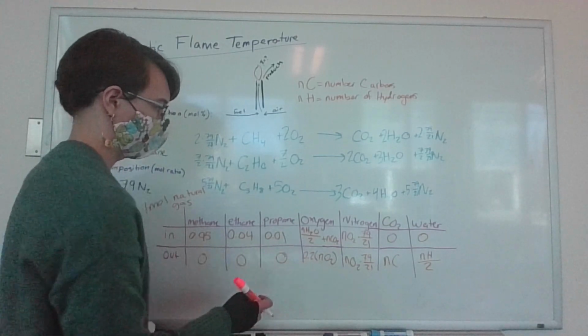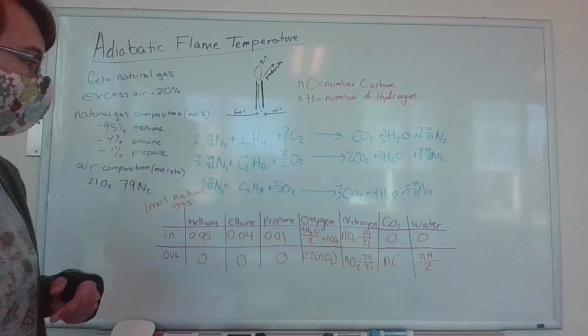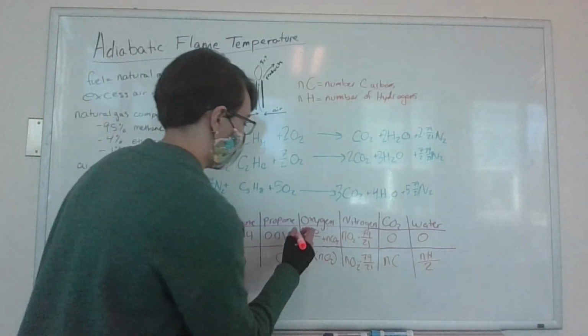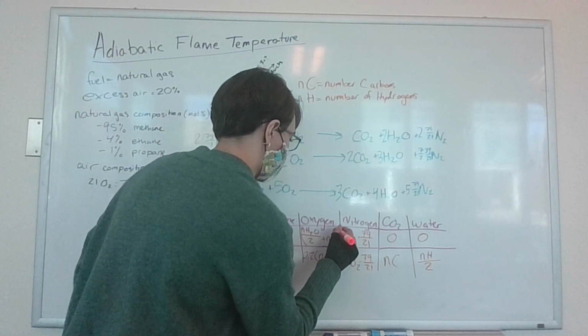And then actually we also need to account for the excess air up here, because the excess air goes in as well as comes out, so we need to multiply this whole thing by 1.2.